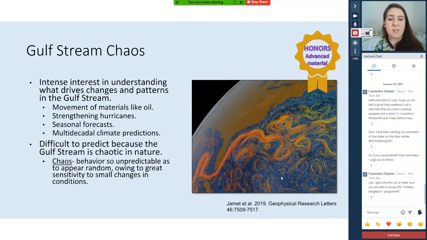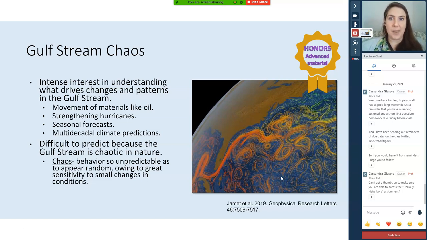This is advanced material here, but I wanted you to understand that there are a lot of things about the Gulf Stream that we don't understand. For instance, there's a lot of interest in fully understanding and being able to model what the Gulf Stream does. We want to know what drives changes and patterns in the Gulf Stream so we can figure out where it's going to go at any given time. This can really help us understand things like movement of materials like oil during oil spills.